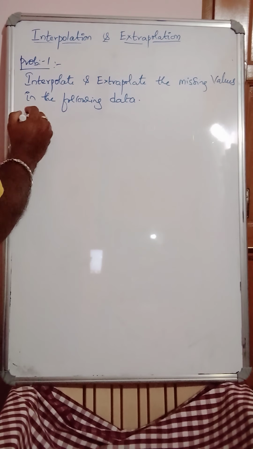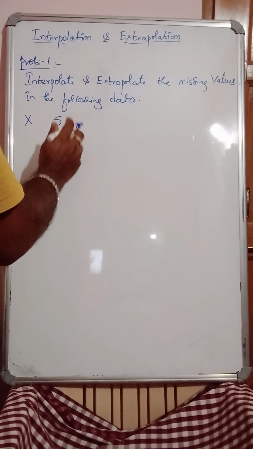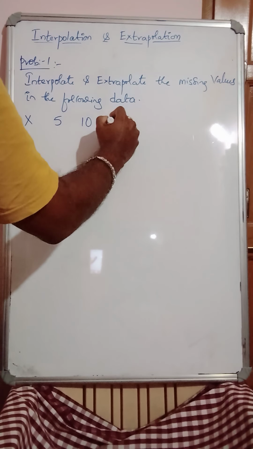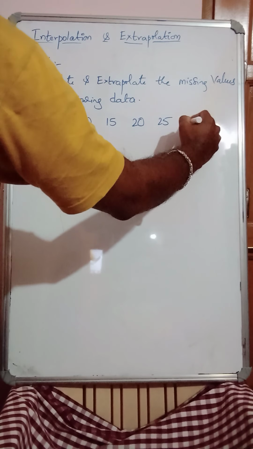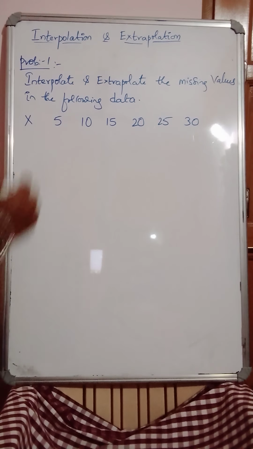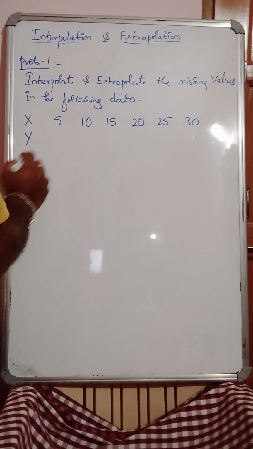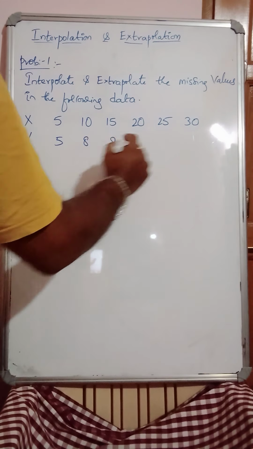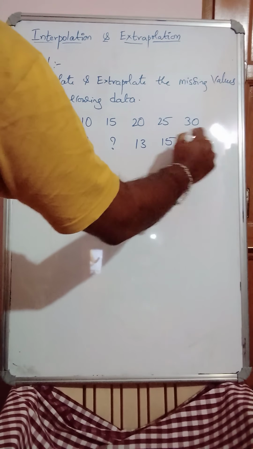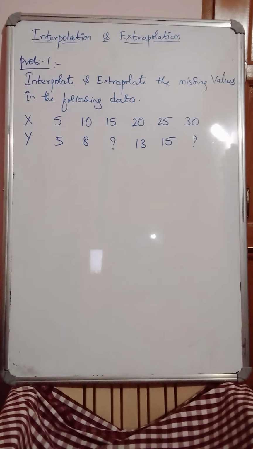Look at the table here. X: 5, 10, 15, 20, 25, 30. Next, Y values: 5, 8, missing, 13, 15, missing value.